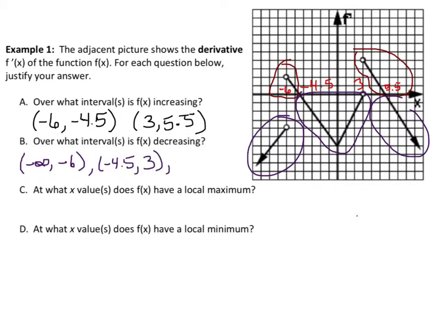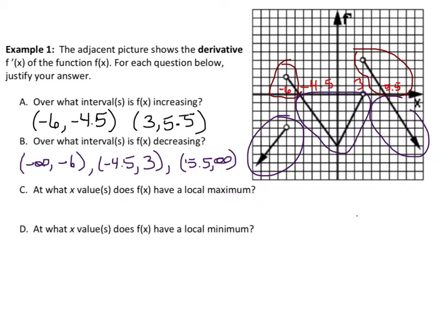And then the last interval there is from 5.5 on to infinity. So that's the last interval there. And again, the justification for this is that the graph that we're looking at is the graph of the derivative, and these are the areas where the derivative is negative.